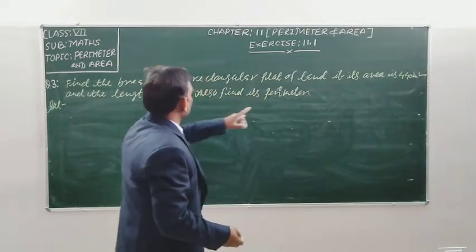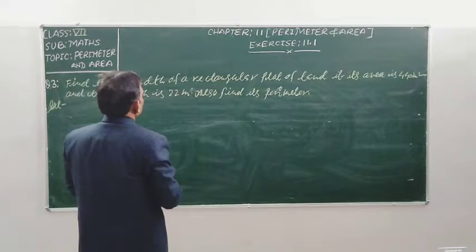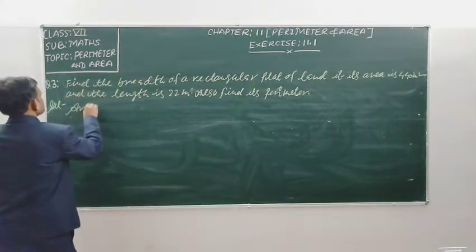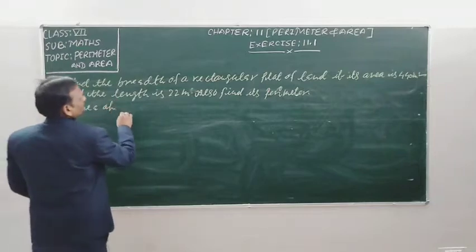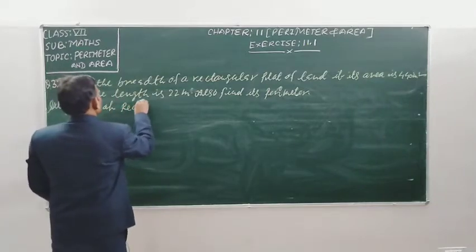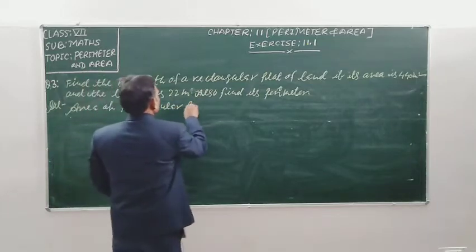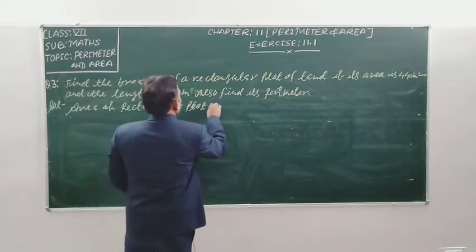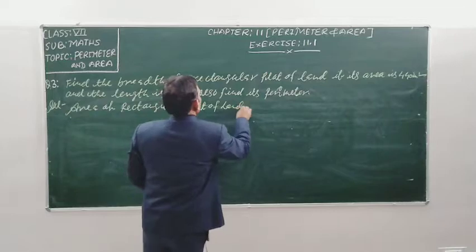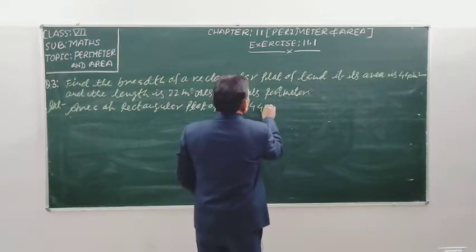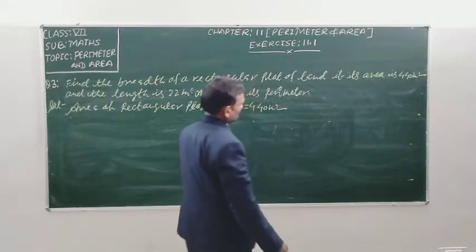Area of the rectangular plot of land is equal to 440 meter square.